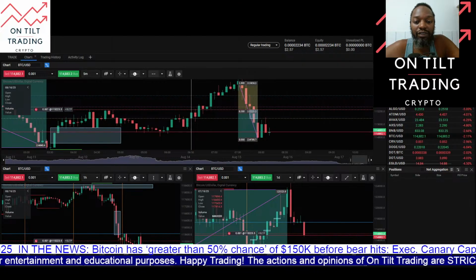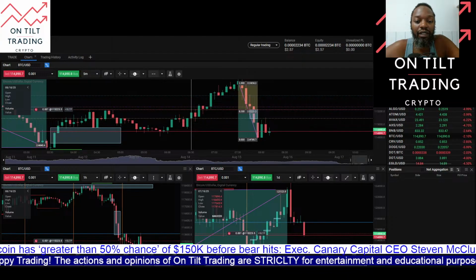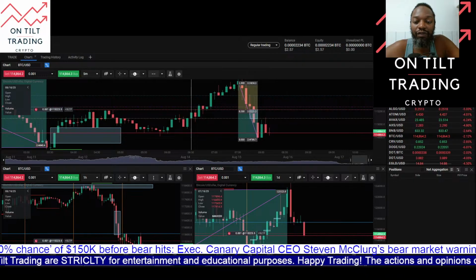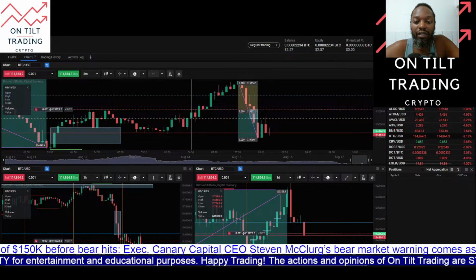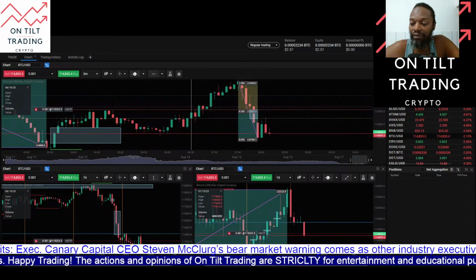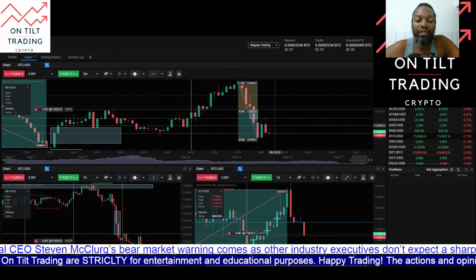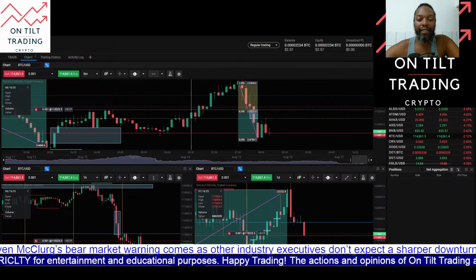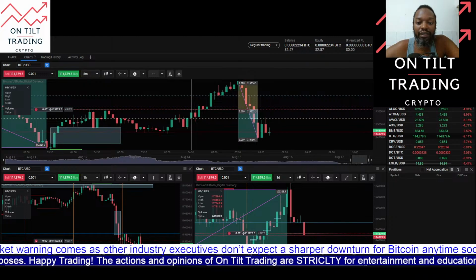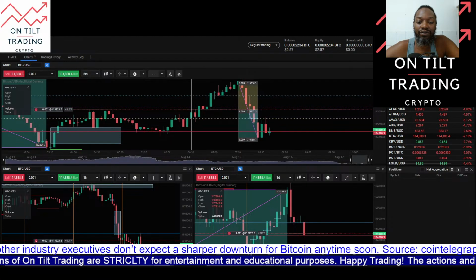If I want to take a short, I only want to take it when price is trading above this level, and vice versa, if I wanted to take a long, I would want price below this level. So right now, price is in a position for a long, but my bias is to the short side, just based on the liquidity that has been taken out for this session.